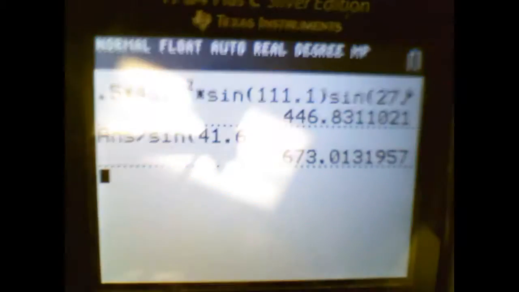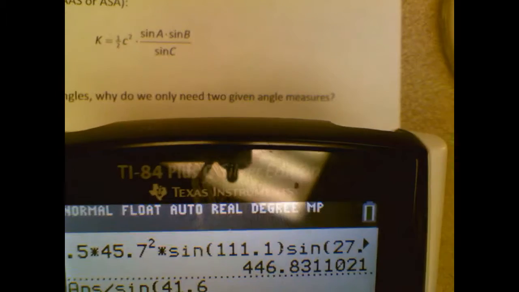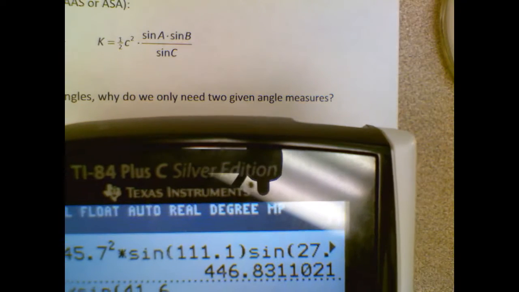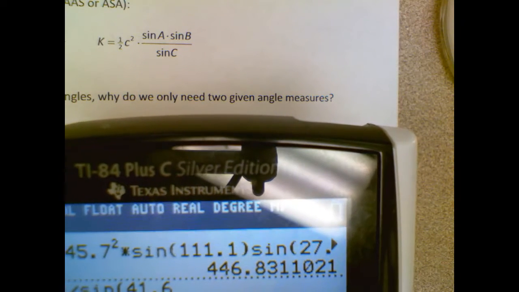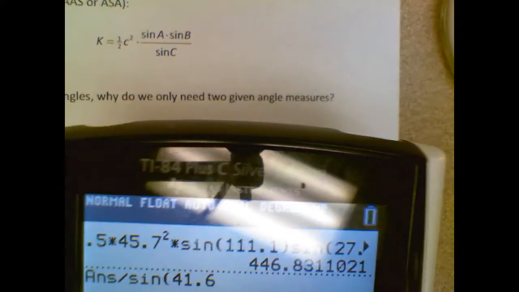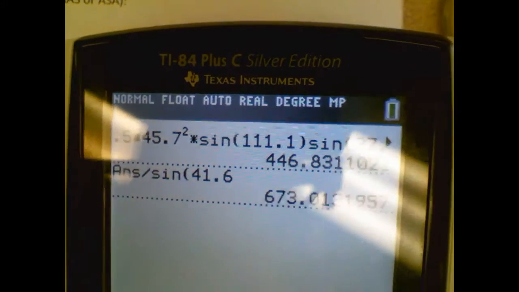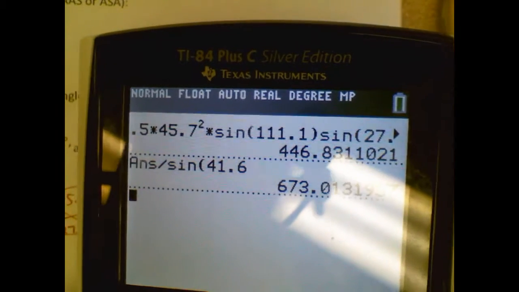Look on your calculator. Okay, hold on. All right, here's what I typed in. Look, did you guys type in 0.5? Oops. I put my 45.7 in parentheses. Maybe I shouldn't have done that. 0.5 times 45.7 times sine of 111.1 times sine of 27.3.